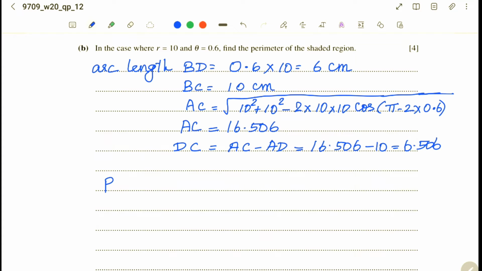So the perimeter is DC, which is 6.506, plus CB, which is 10, plus BD, which is 6.